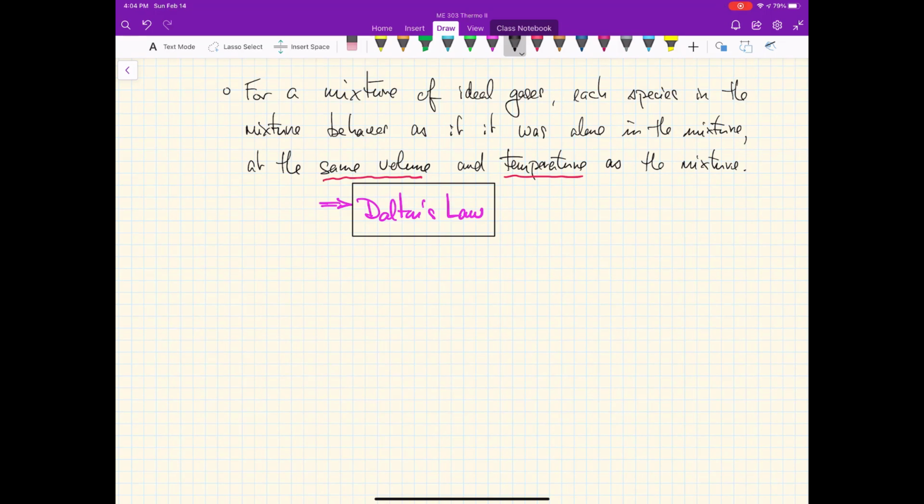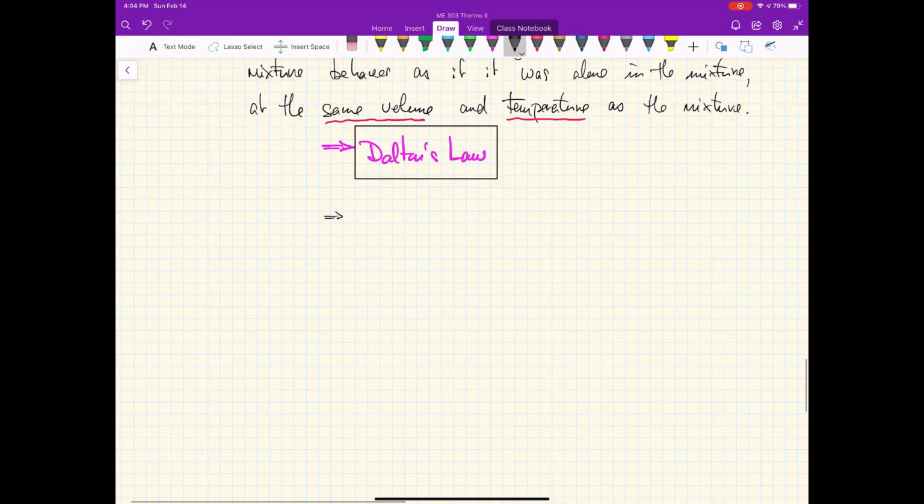Same volume and temperature establishes the confines of the container it's in. This is what we call Dalton's Law. That's a statement of Dalton's Law. Okay, let's box that up.